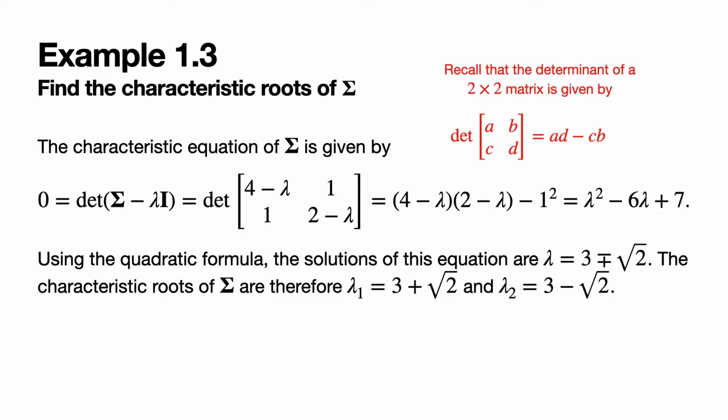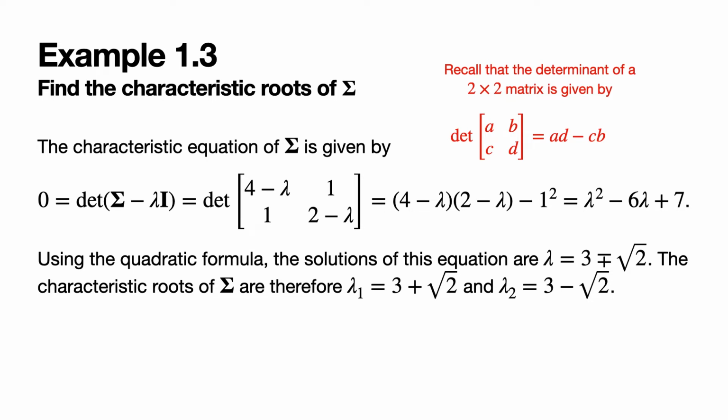Now again, recall that the determinant of a 2 by 2 matrix is equal to the product of the diagonal elements minus the product of the off-diagonal elements. So in the notation that I've got here in red, it would be the product of A and D, the diagonal entries, minus the product of C and B, the off-diagonal entries.